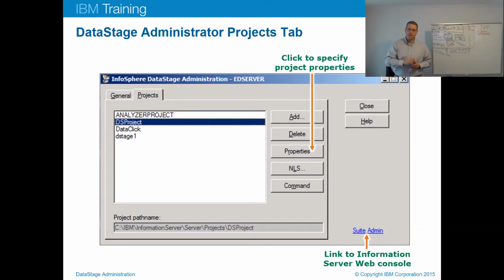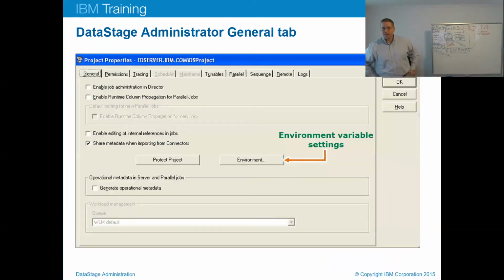So we select the project, we go into properties, and something that I found that sometimes catches folks off guard coming from other tools: DataStage will let an average user log into the DataStage Administrator client. So if I'm just a developer in a project, I can log in and pull this up. It's very much restricted as to what I can do in here, but they do let a general user come in here. And so I've had the question repeatedly, why does it allow that?